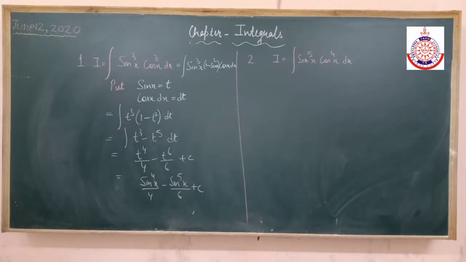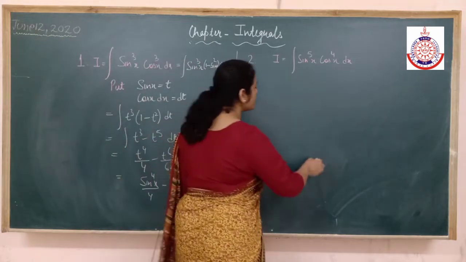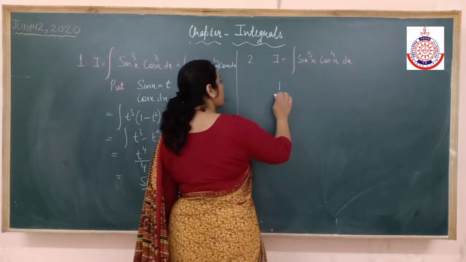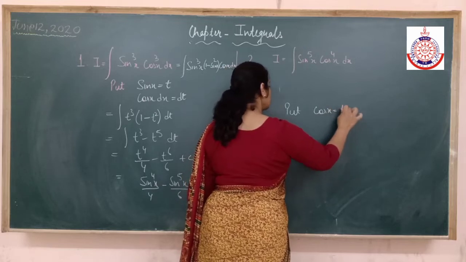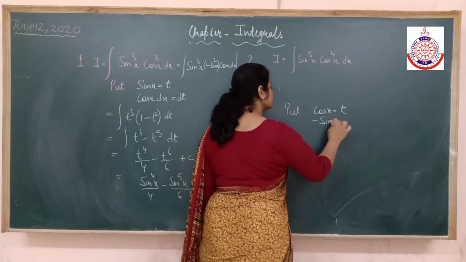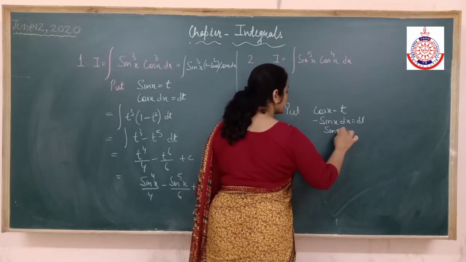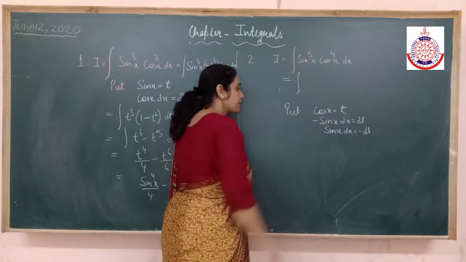Alright, now talking about the second question. What is the second question? I have to integrate sin raised to power 5x into cos raised to power x. Sin has an odd power and cos has an even power. So what did I tell you? You put the one which has even power. Alright, so I am going to put cos x equals t. The reason, you know it very well now. Differentiate, so there is a negative sign, so I am taking this negative to that side. So first of all, just adjust this.